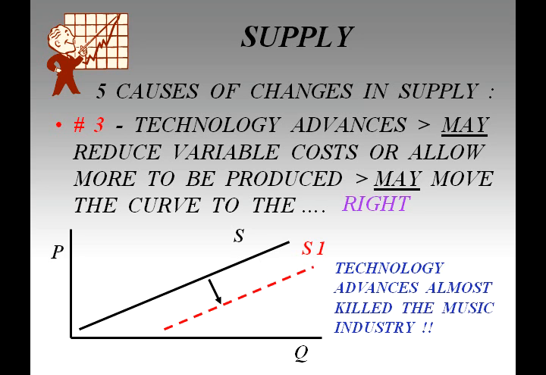When this happened, it really threatened the viability of the music business, as consumers were able to get music for free. Artists and musicians were not able to earn money for the work that they did, and it almost wound up killing off the music industry.